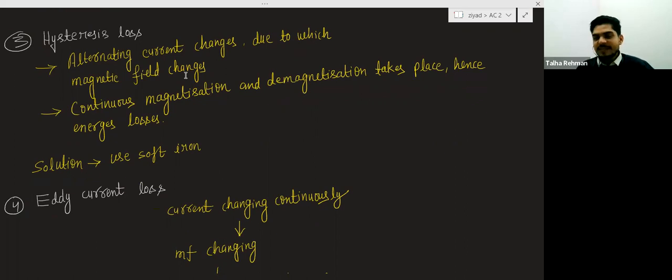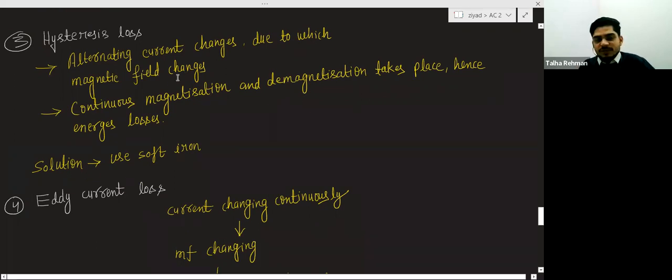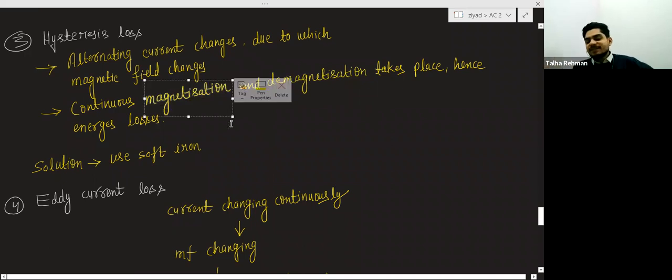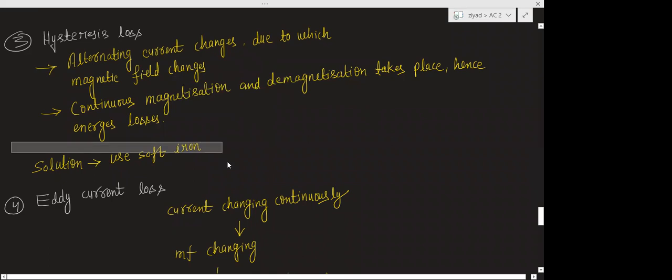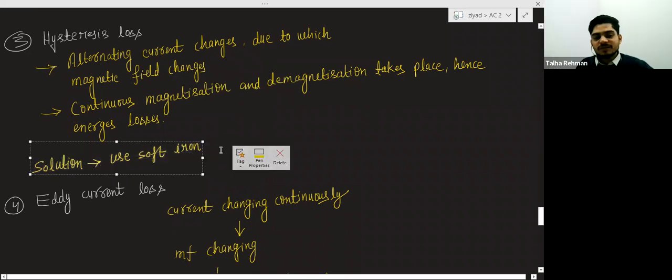So due to that, in the winding, there is continuous magnetization and demagnetization. When the current becomes zero, there will be demagnetization. When the current has some value, then there is magnetization. So due to the magnetization and demagnetization, there will be the energy loss that is known as the hysteresis loss. And what is the solution? Use the soft iron.